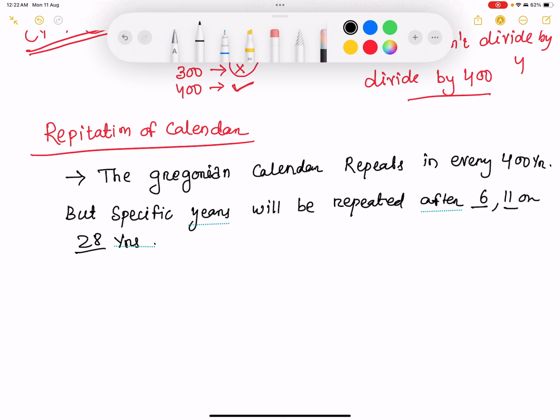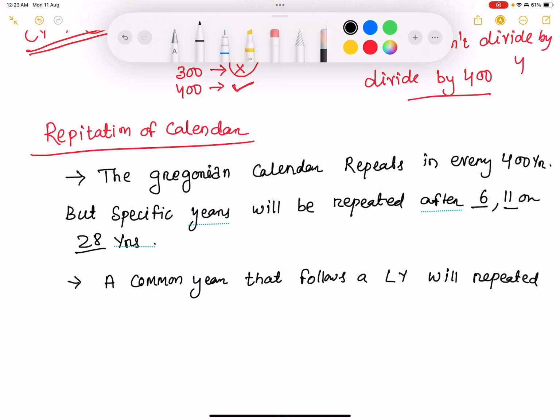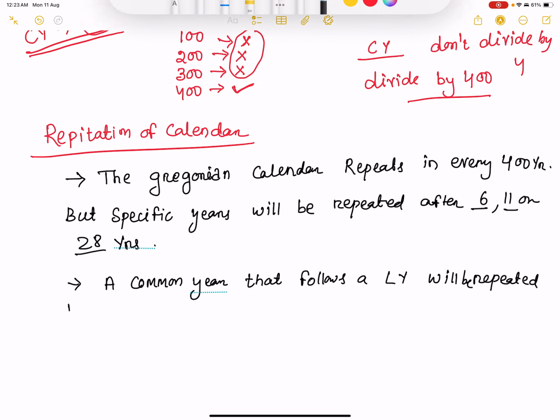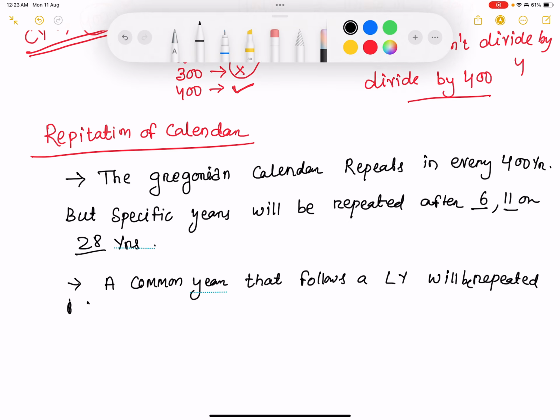Okay, a common year that follows a leap year will be repeated in every 6 years.